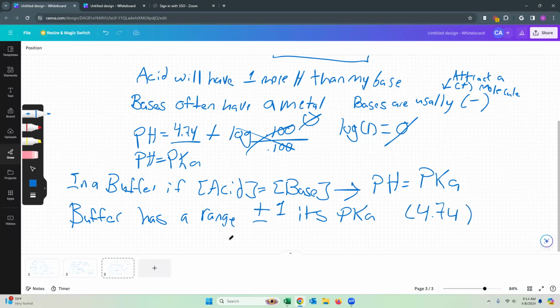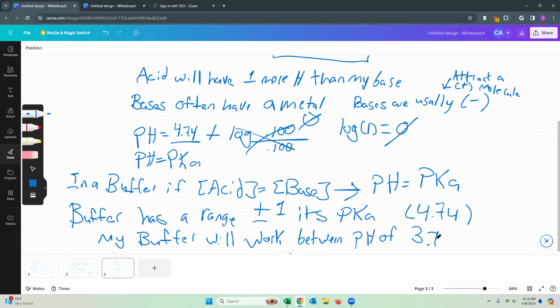So the buffer we have here will work between the pHs of 3.74 to 5.74. So for this problem setup, if I have this buffer and I'm anywhere between 3.74 and 5.74, my buffer works as a buffer.